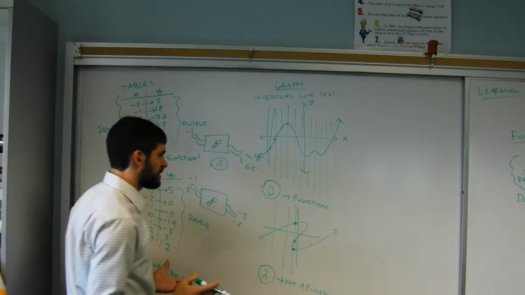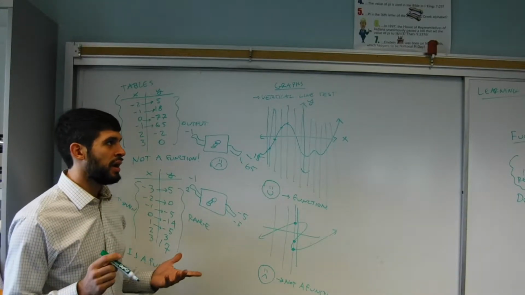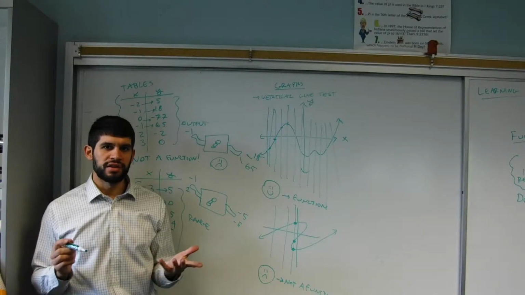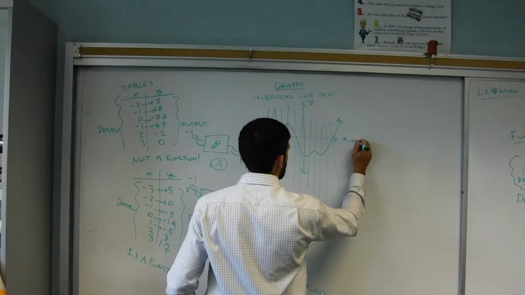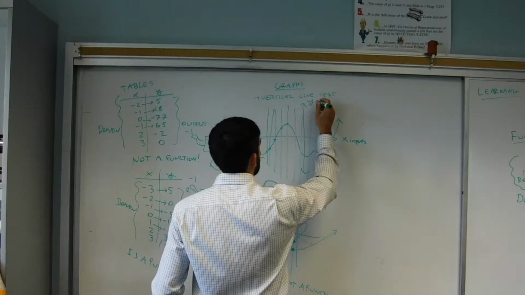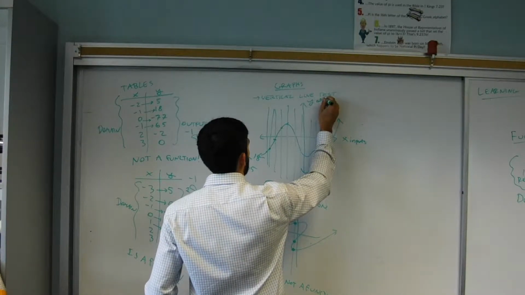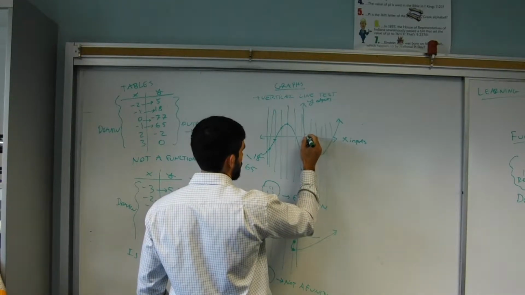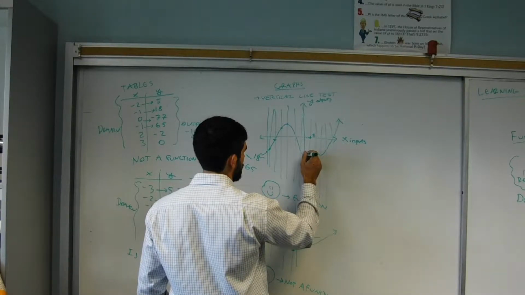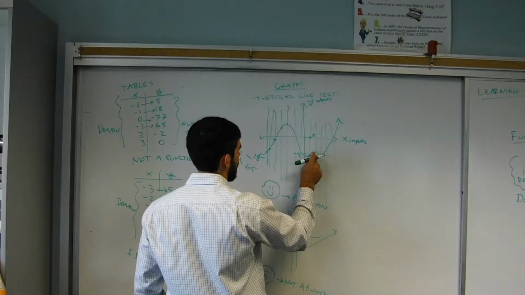And so the vertical line test is really just a way of applying our definition of a function, because our inputs are our x-axis and our outputs are on our y-axis. So for each input, if we have an input of 1, say, on this function, our output is -5.